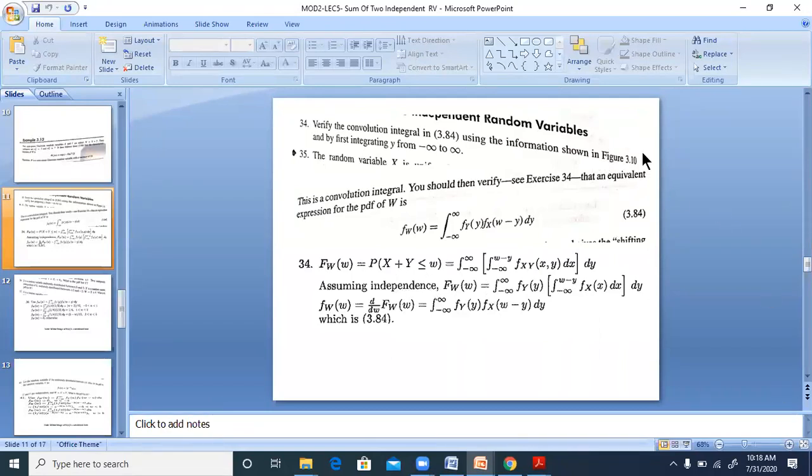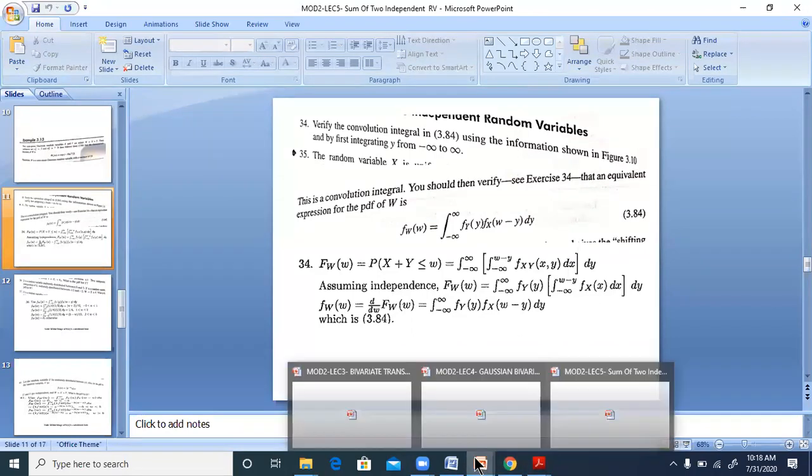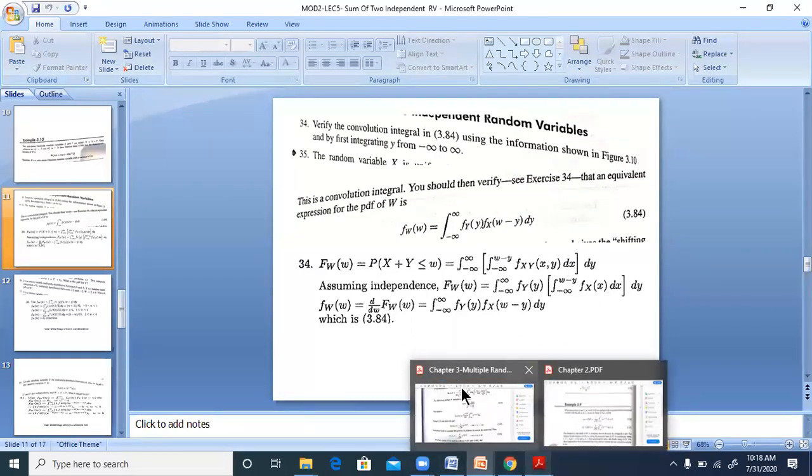So for whatever is there in the figure, which is 3.10, let us see the 3.10 figure.